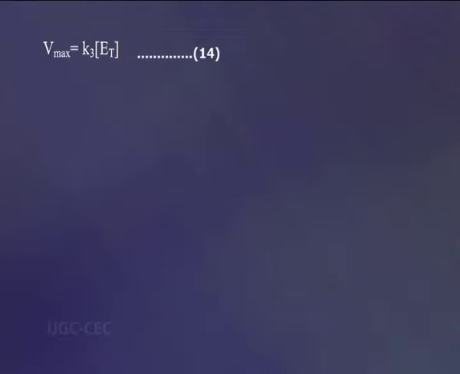The maximal rate Vmax is attained when the enzyme sites are saturated with substrate, that is when S is much greater than Km, so that S upon S plus Km approaches 1. Thus, Vmax equals k3 multiplied by ET, equation number 14.